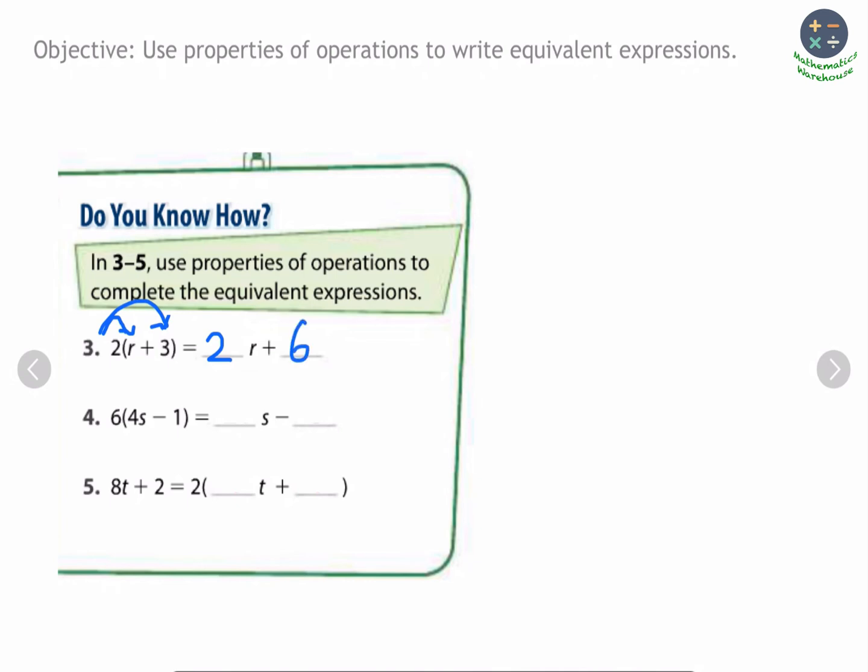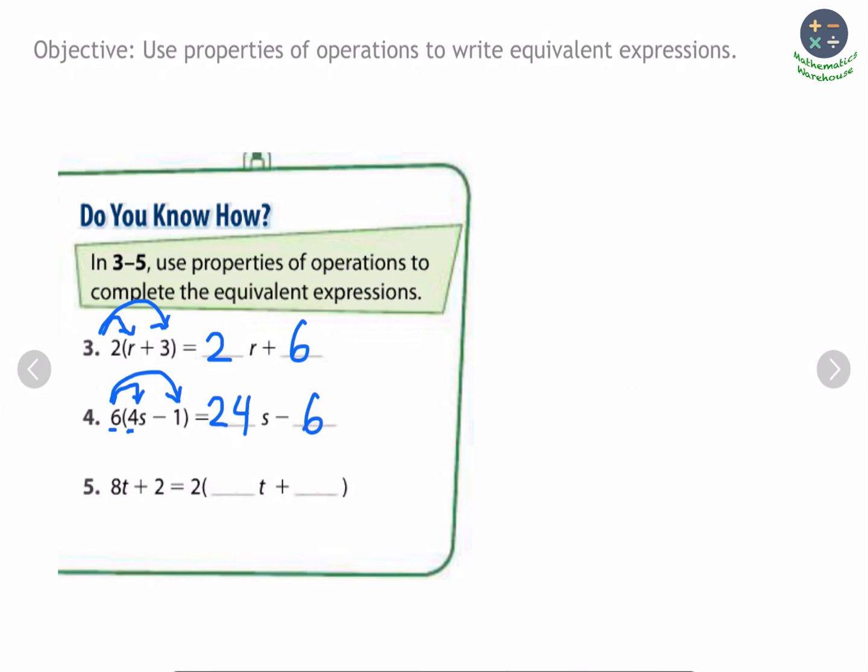So it would be 2r plus 6. Number 4, 6 and bracket 4s minus 1. You have to multiply 6 by each term inside. So multiply 6 by 4s, then multiply 6 by 1. So 6 times 4 is 24s, minus 6 times 1 equals 6.